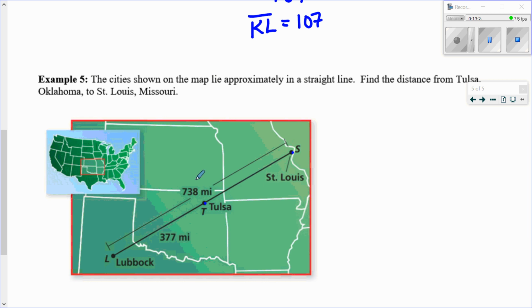You do whole minus one of your pieces to get the missing piece. So we do 738 minus 377. When you subtract them, you should get 361. But remember we're talking about miles, so we have to put units with it. So I'm going to write miles here, and then we're good, guys.